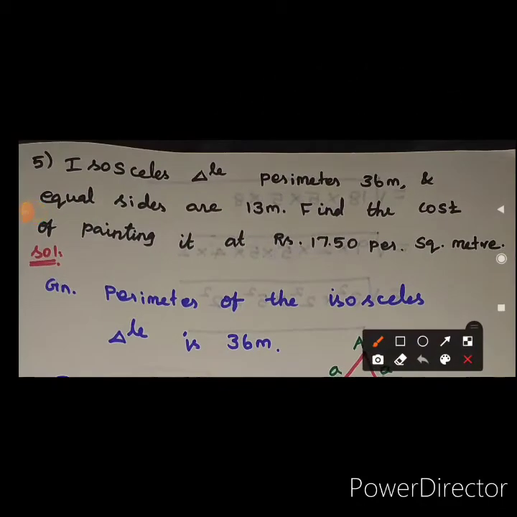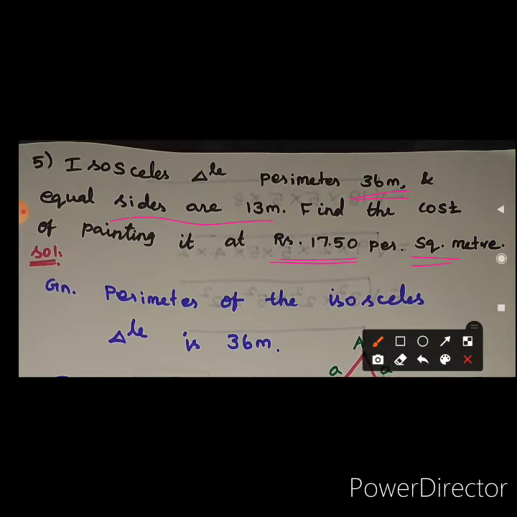Question number 5. Isosceles triangle perimeter is 36 meter and equal sides are 13 meter. Find the cost of painting it at rupees 17.50 per square meter. I repeat it.